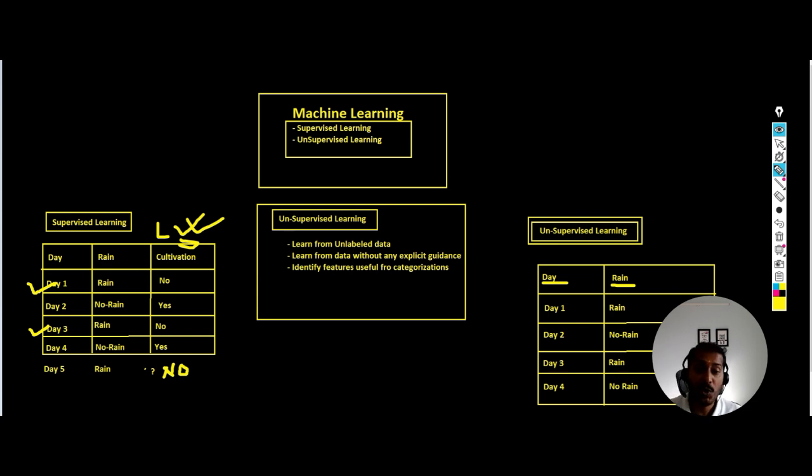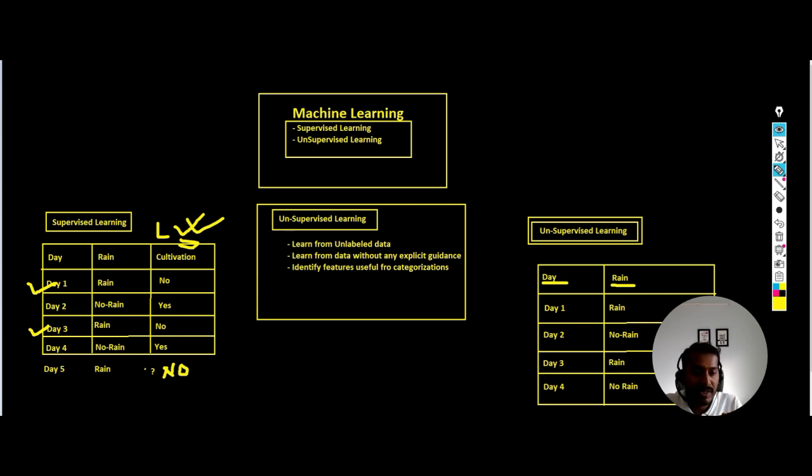But in the unsupervised learning, we have only two columns, day and rain, and this kind of value won't be available as a label, and that's the reason in unsupervised learning you learn from unlabeled data. So it's a little bit difficult compared to supervised learning, but yes, it also learns without any explicit guidance, and it finds certain patterns within the data.